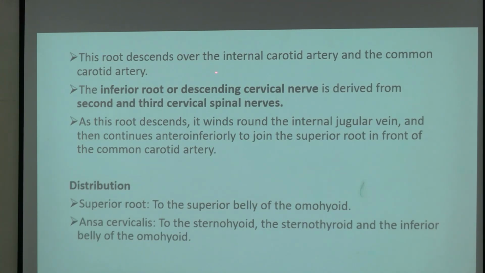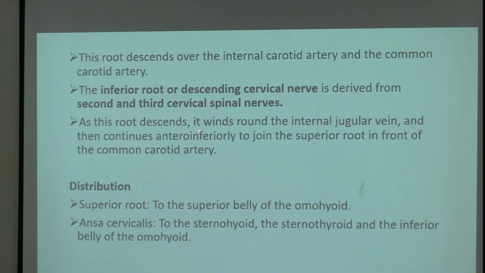This root descends over the internal carotid artery and also the common carotid artery. The inferior root or descending cervical nerve is derived from the second and third cervical spinal nerves. As this root descends, it winds around the internal jugular vein and then continues antero-inferiorly to join the superior root in front of the common carotid artery.